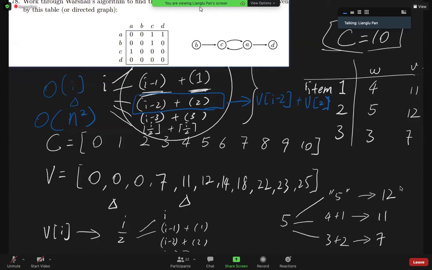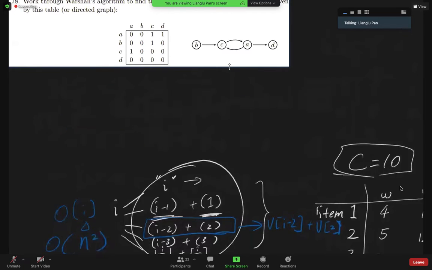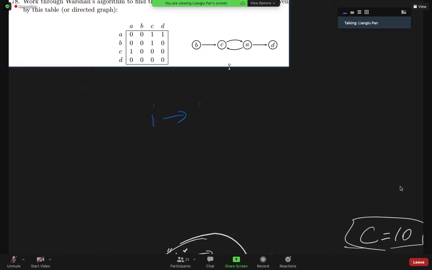So the transitive closure is a graph that can be generated from the original graph. The edges are generated such that if, in the original graph, we have a path from any node I to node J, this means that we can find a path from I to J. It could be I to J directly.